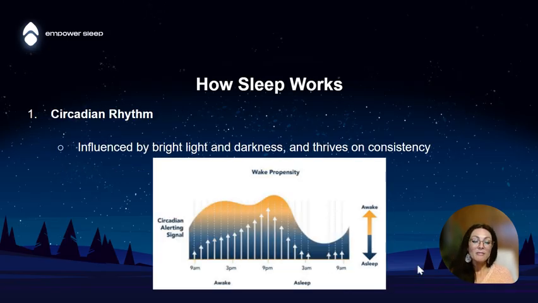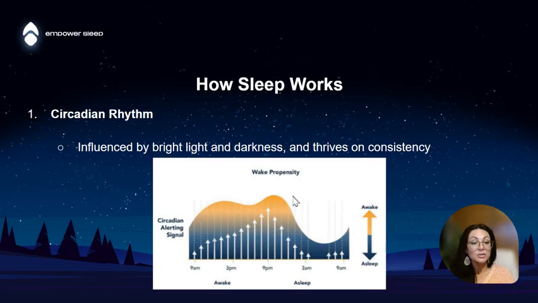We also have the circadian rhythm, or the body's internal clock. The circadian rhythm is heavily influenced by bright light during the day and darkness at night, and the circadian rhythm thrives on consistency. As you can see in this graph, as you go along the day, the light gets brighter and brighter.